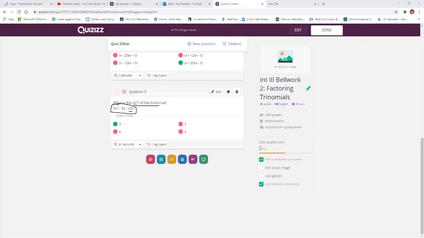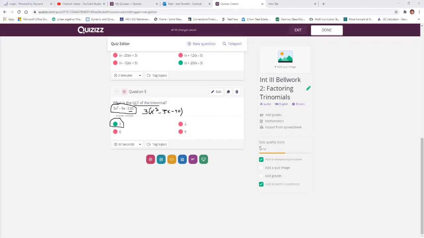In fact, if I wanted to factor a 3 out, I could do this, and that would leave me x squared minus 3x minus 40. So the directions just said, what is the GCF of the trinomial? And that would be 3.